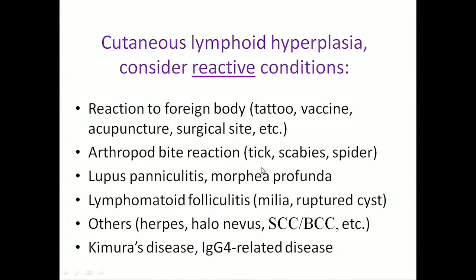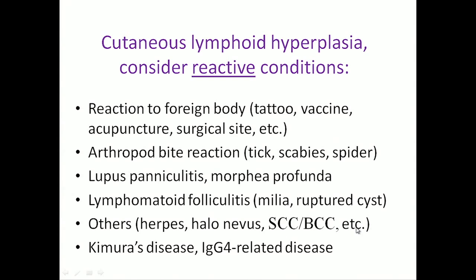Tick bites, not so much mosquito bites, but tick bites can cause very profound, what's called lymphadenoma cutis, a very reactive process. Lupus panniculitis, morphea profunda can have this type of germinal centers. A lymphomatoid folliculitis on the face, with rupture of keratinous cyst can also have germinal centers. Rarely, those other conditions can have it too.